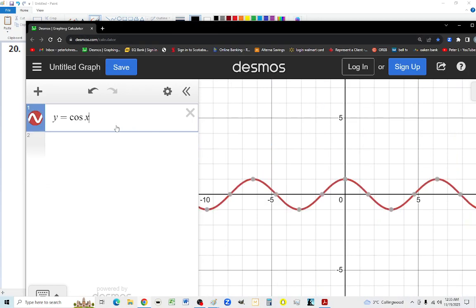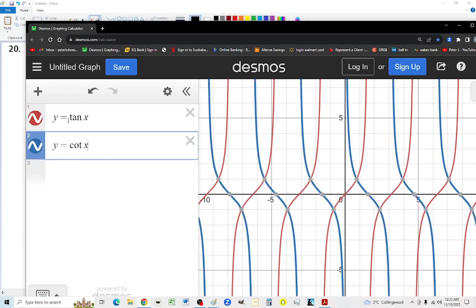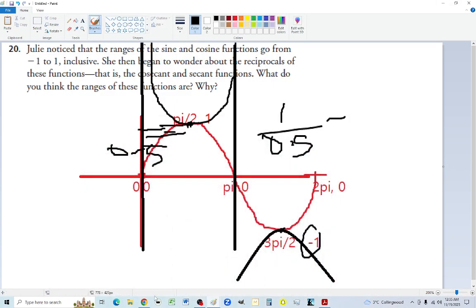As you can guess, the tangent's the only one that won't quite follow that rule, because tangent doesn't have a restriction between 1 and -1. Instead, cotangent and tangent are going to look very similar. And there we go.